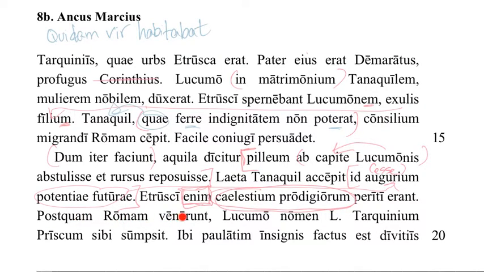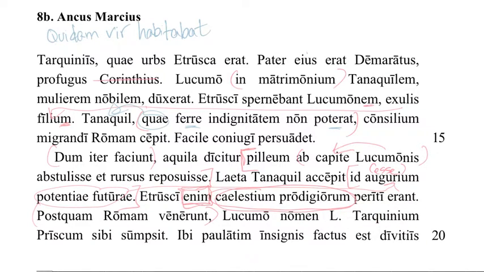Postquam Romam venerant, Lucumo nomen Lucius Tarquinium Priscum sibi sumpsit. Okay, just a little dependent clause here. After they had done this, again, we've got that Romam in the locative case. We have a subject, nominative, direct object. Ooh, Lucius Tarquinius.